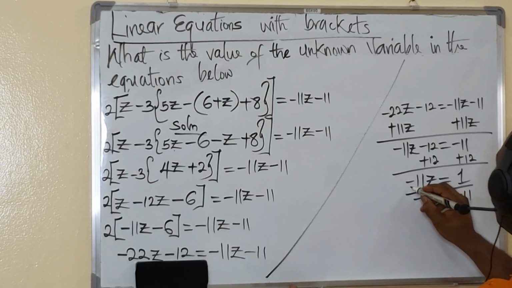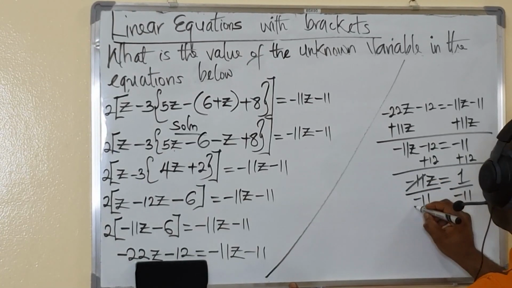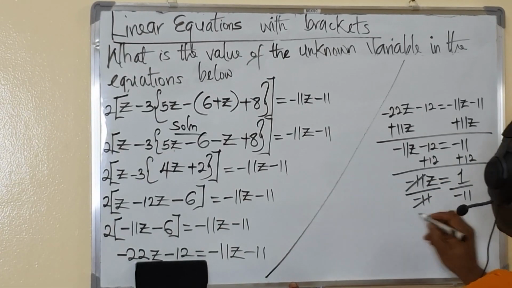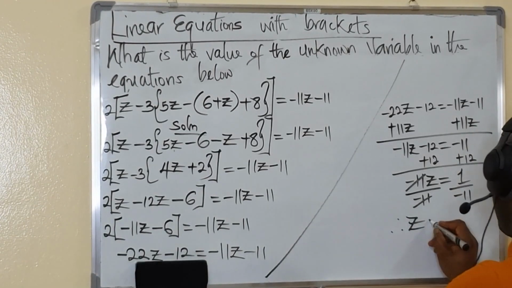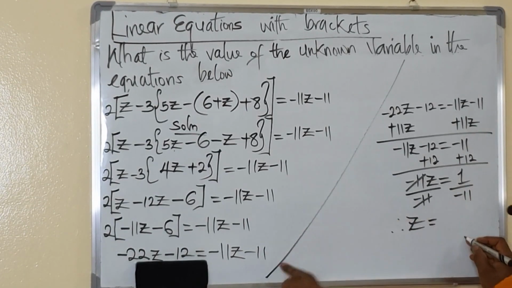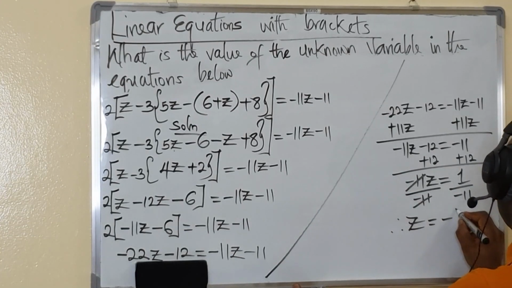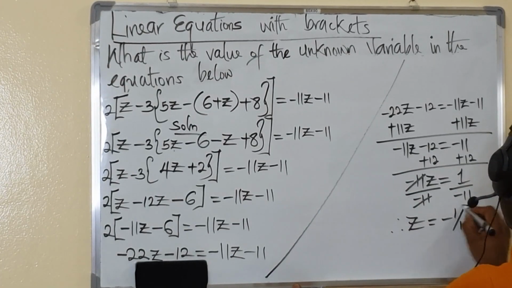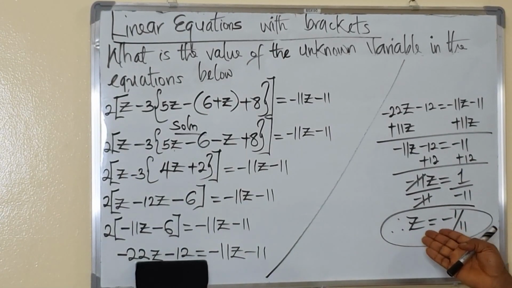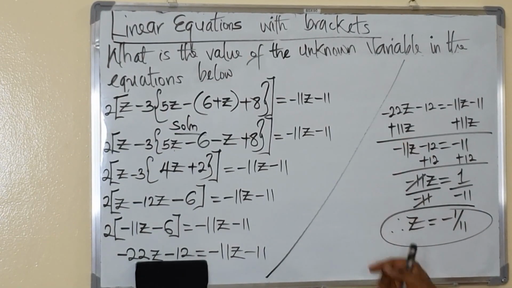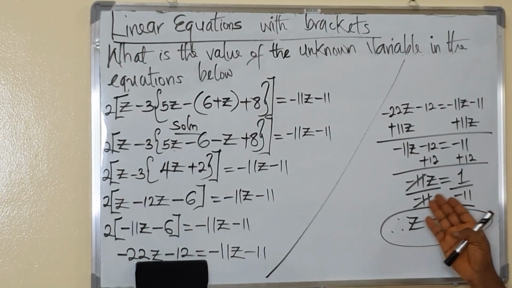When this happens, the numerator negative 11 cancels out the denominator negative 11. So on the left hand side, I have just z waiting for me. But on the right hand side, I have negative 1 upon 11. This is my answer for the last question. So it means that the value of z, which we have on the third equation, is negative 1 upon 11.